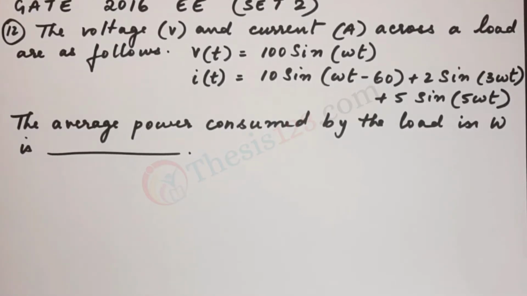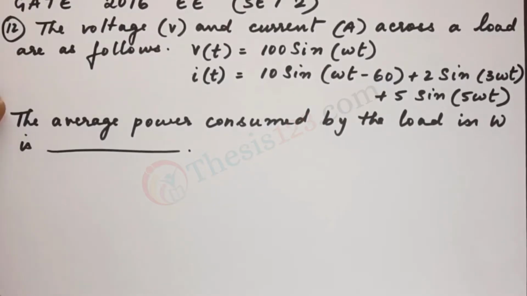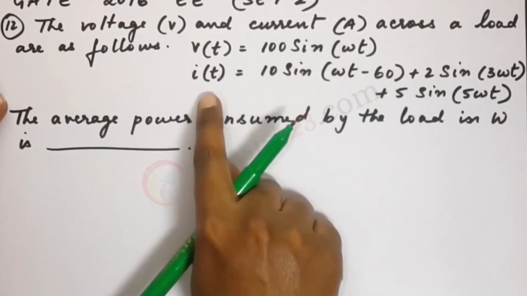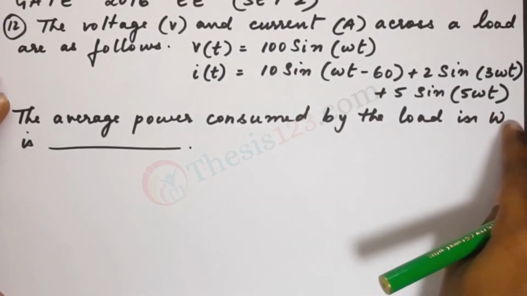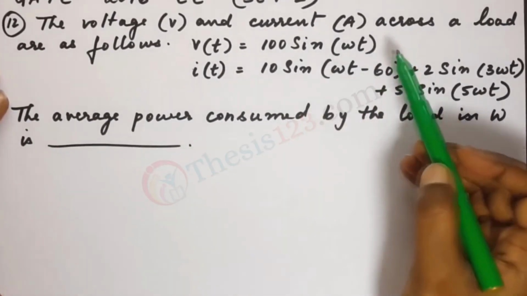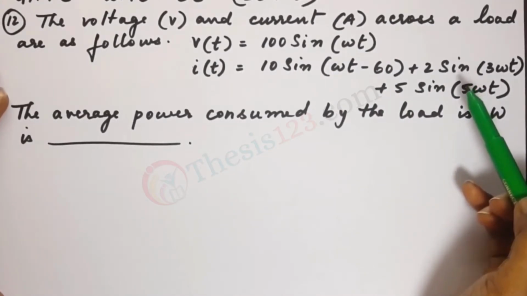So this is not a multiple choice question, so we will have to work it out. We have been given the equation for voltage and the equation for current, so we have to find out the average power. Based on the equations, you will notice that it is in terms of AC.